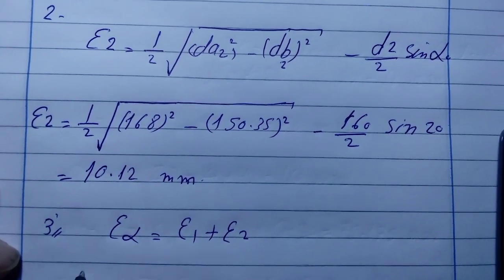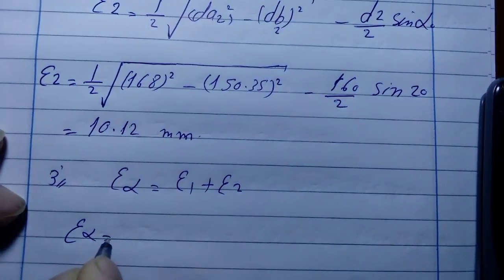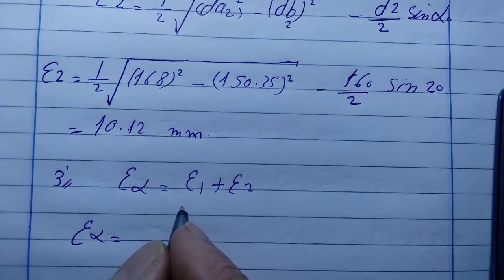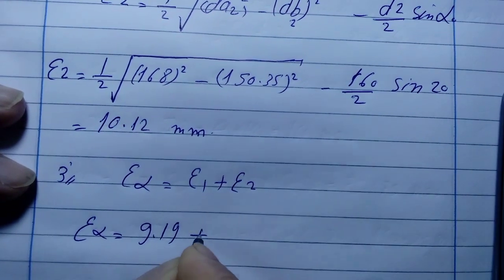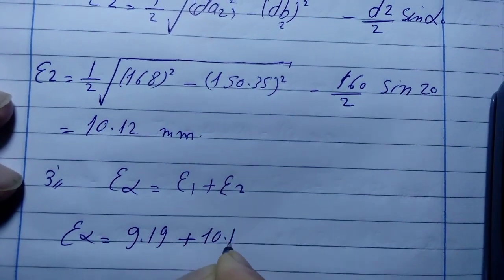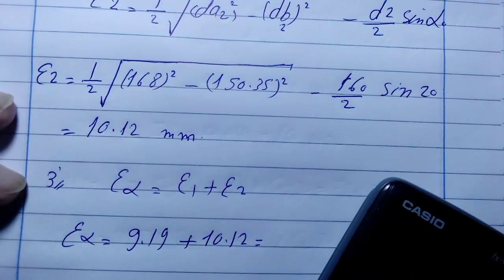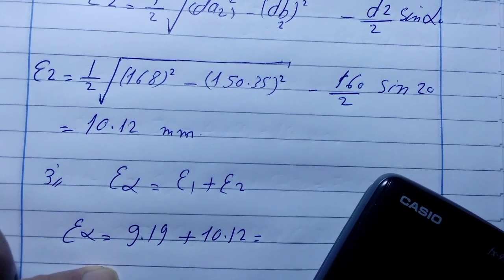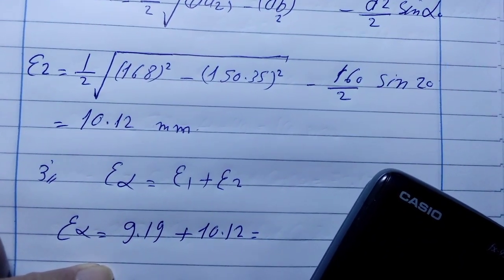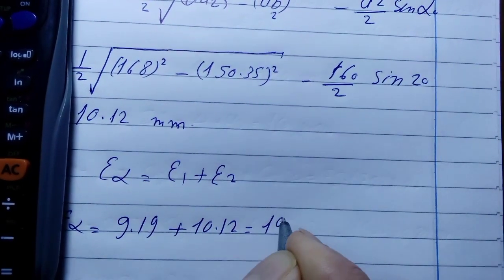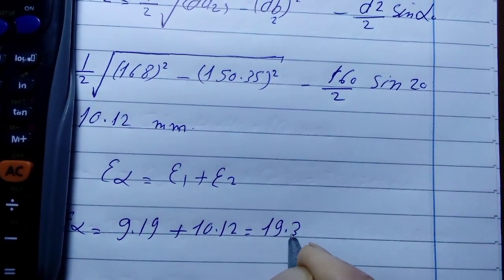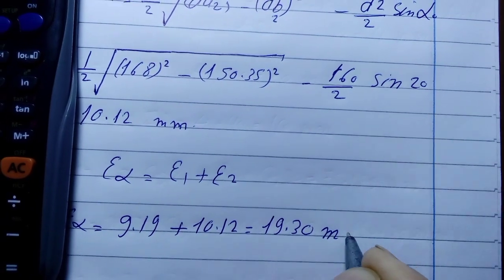So E alpha is equal to 9.19 plus 10.12, to be equal to 19.30 millimeter.